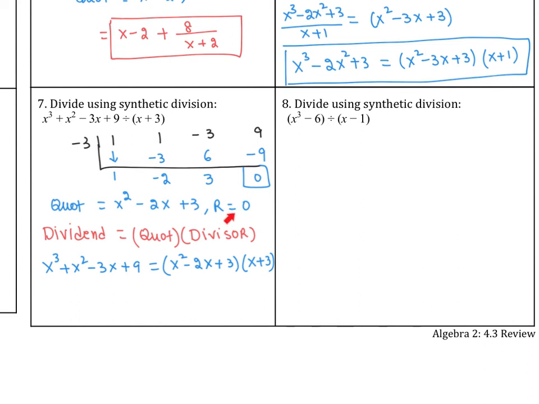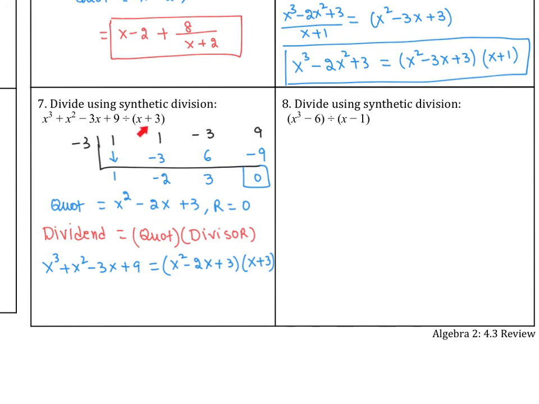Whenever your remainder is 0, now you're going to use a different formula because this dividend, in other words 12, is divided by 4 and is completely divided by 4. So the formula is changed. Dividend is equal to quotient times divisor. So this is the quotient.